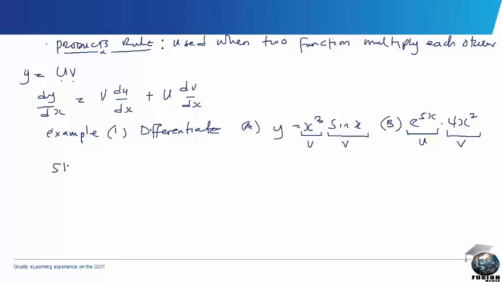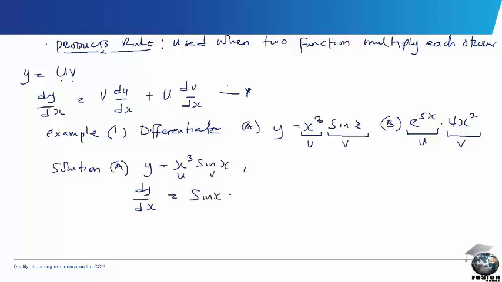Solution A. Here you have y is equal to x cubed sine x, and from this point we can now write that dy/dx is equal to, the instruction says we keep v constant. This is my u and this is my v.